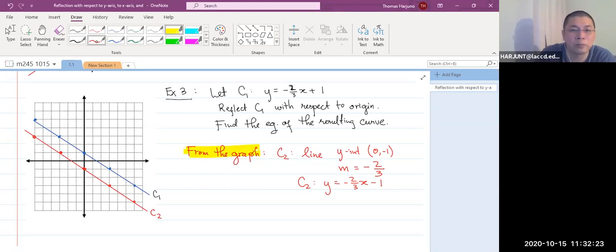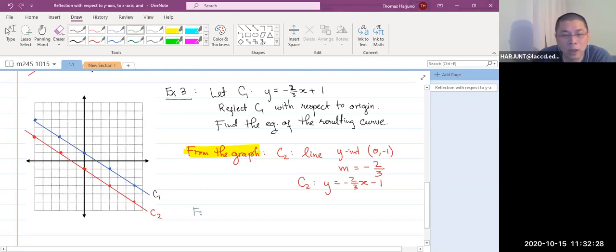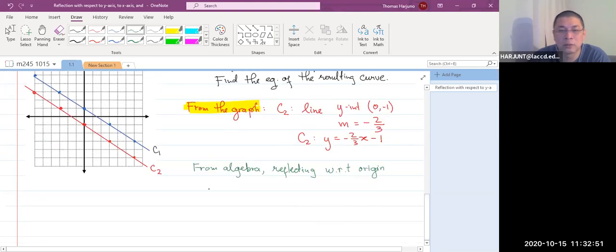Now, how to do it algebraically? From algebra, reflecting with respect to the origin gives (x, y) becomes (-x, -y).